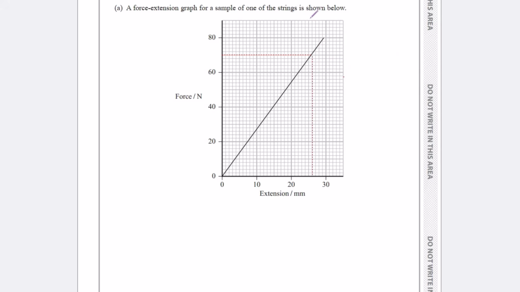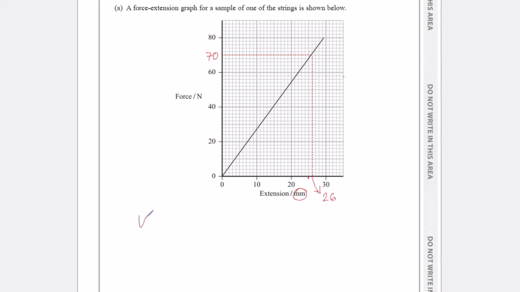So this value is 60, between 60 and 80. So this should be exactly 70. And let's find out what this value is. This is 20, this is 30, this should be 25, and every square gives you 1, so this is 26. And always be very careful about the units. This is 26 but millimeter.